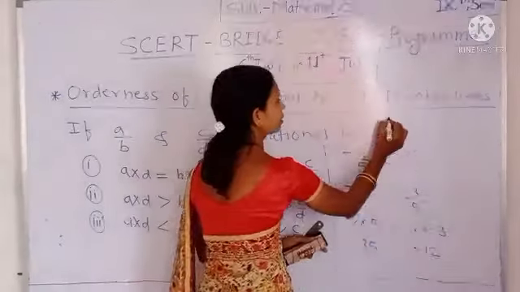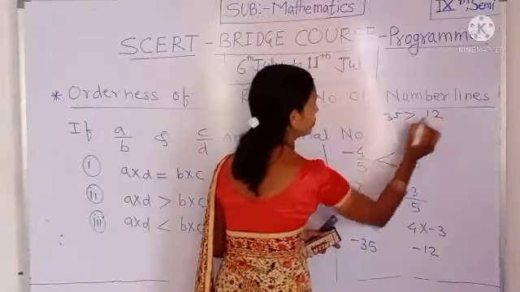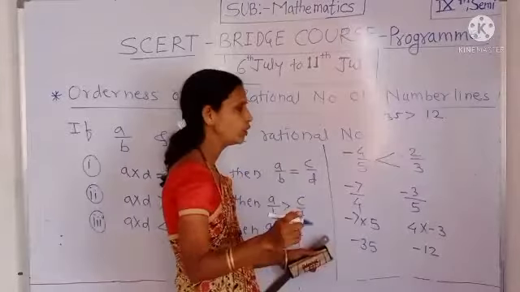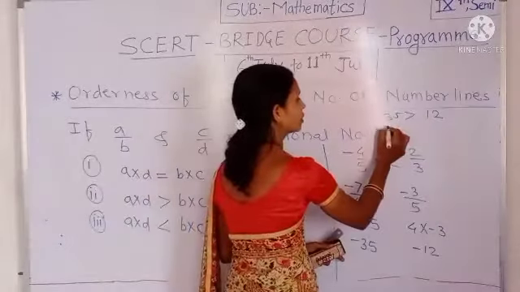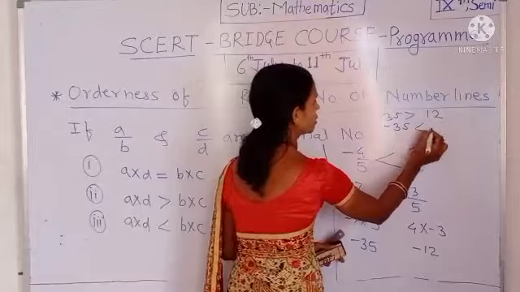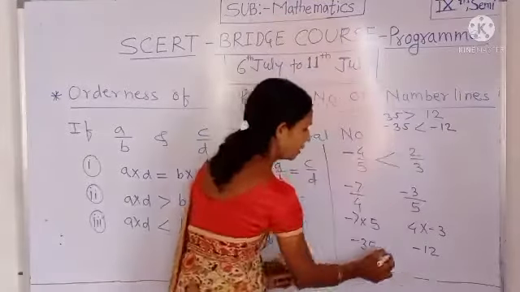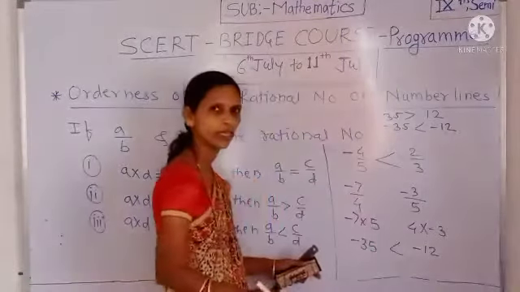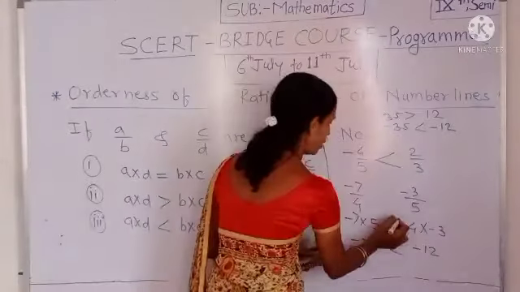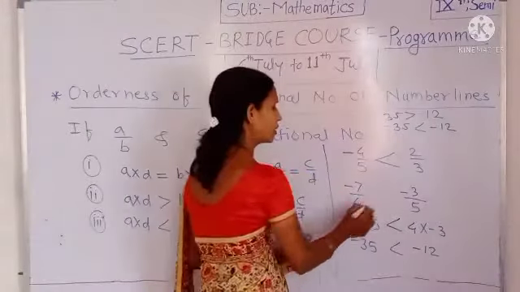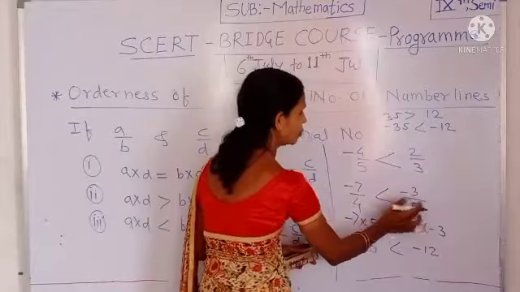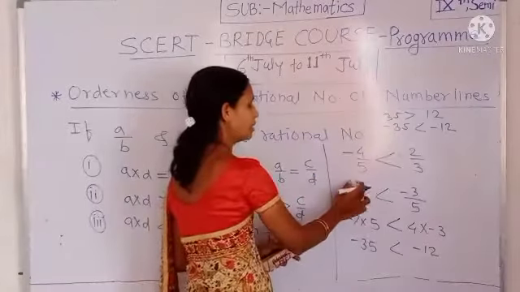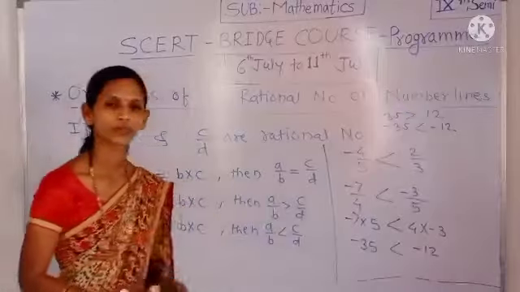Here 35 is greater than 12, but when we change the sign, minus 35 is less than minus 12. Therefore minus 3 upon 5 is greater than minus 7 upon 4.